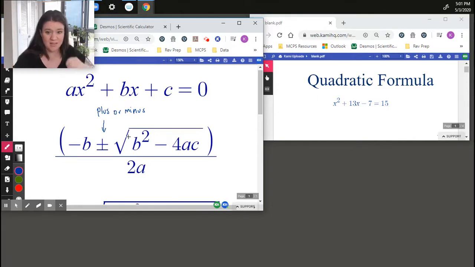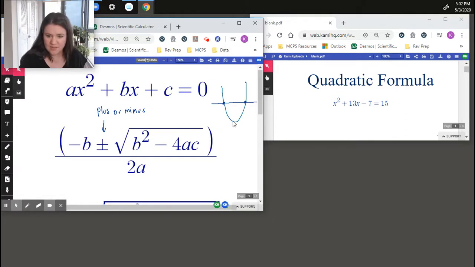And why does that make sense? Well, we're dealing with parabolas here, right? And if we're worried about when it crosses the x-axis, sometimes it happens twice, plus or minus. Sometimes it'll happen once, right? If it's just right here.